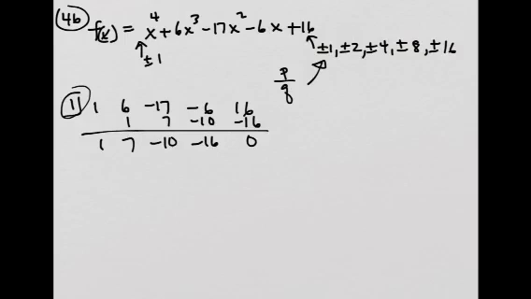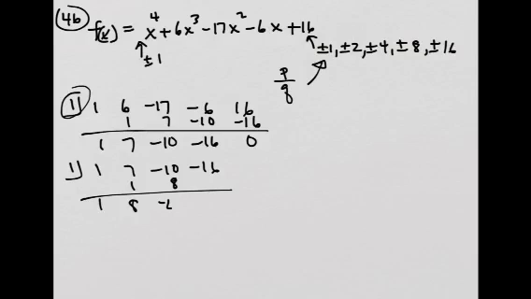You try it again because you don't know if the multiplicity is 1. So you try 1, and you get 1, 7, negative 10, negative 16. Bring down the 1, 8, and I can see it's not going to work because it's going to give me negative 2, and so I won't get a positive 16 underneath the negative 16.